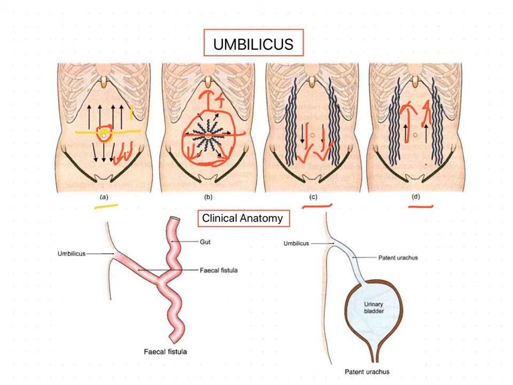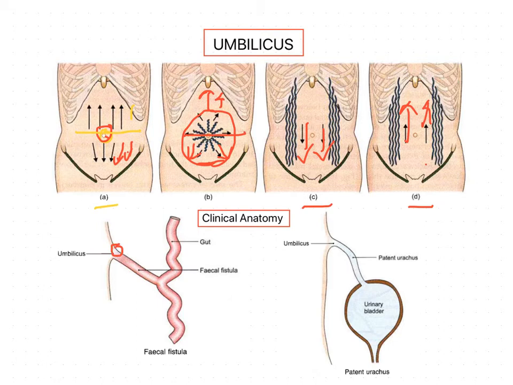So all these four folds of the embryonic plate meet at the umbilicus, and this is also the meeting point of three systems: the digestive system, excretory system and the vascular system. All three systems meet at the umbilicus in the embryonic stage.